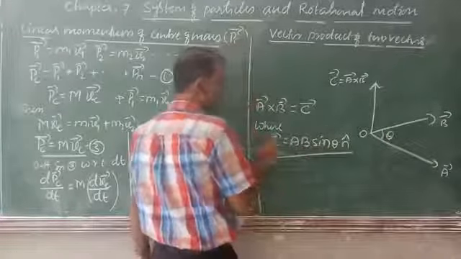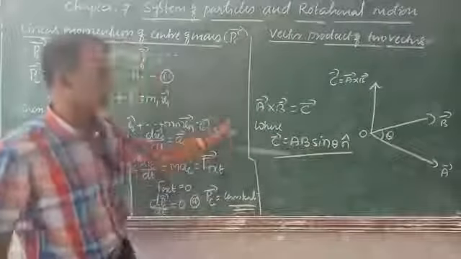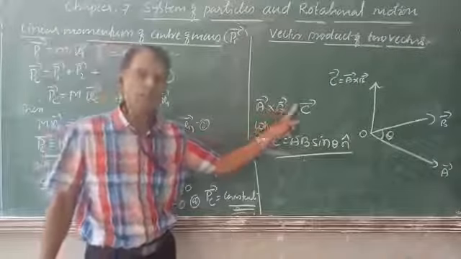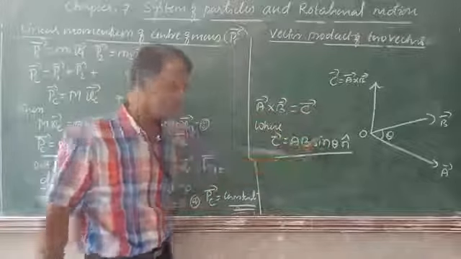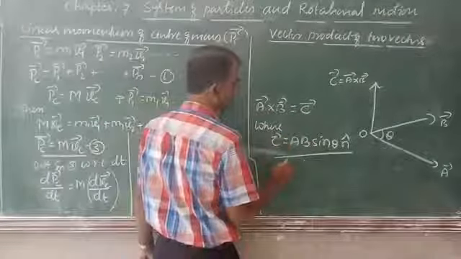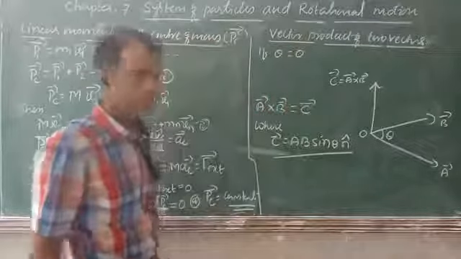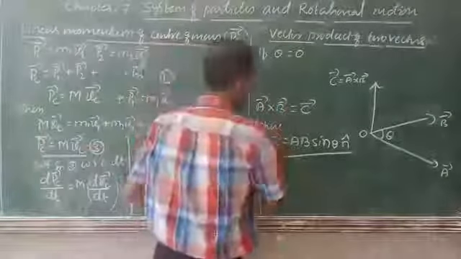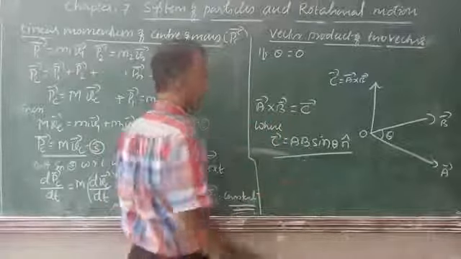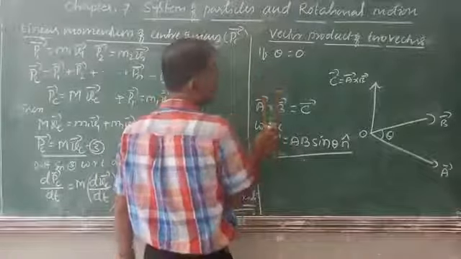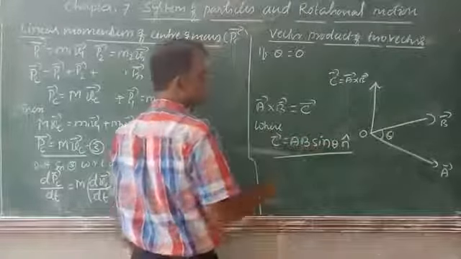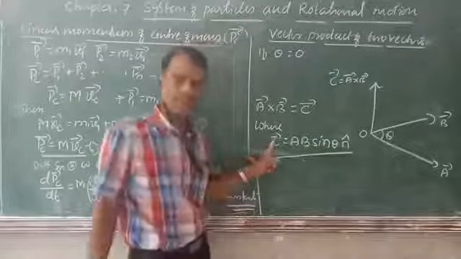Then the magnitude of the C vector, that is the cross product of two vectors, depends on the angle also. If theta is equal to 0, then the cross product of these two vectors is minimum, because sine 0 is 0, so we get a null vector in that case.